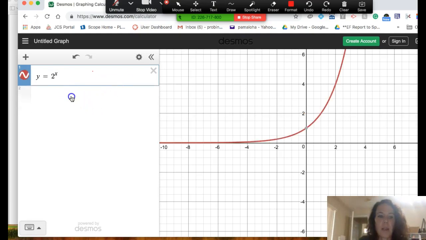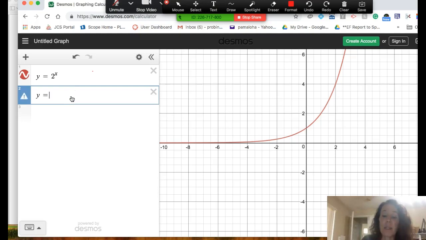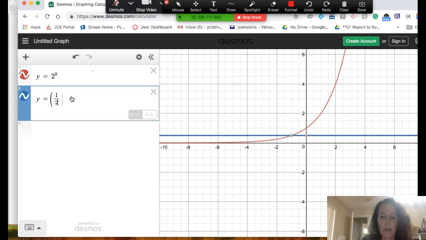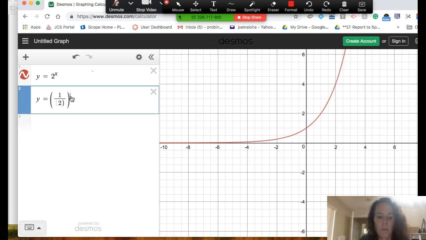Okay, and then if that base is greater than 1, and if that base is between 0 and 1, if I do y equals, let's say 1/2, let's put that in parentheses, 1/2 to the x power. Okay, you can see now it's decay. So the blue line here is decay, and the red line here is growth.